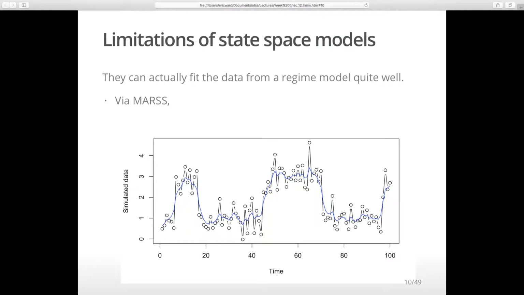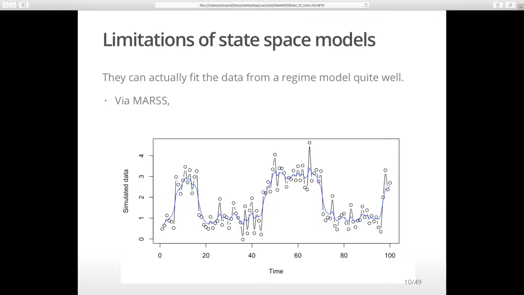So we could take this data and fit, I mean, the easiest way to go about it would be, we've used MARSS in a univariate time series setting, and we've gotten very familiar with fitting different state space models to this data, and we could use the MARSS package to fit this data, and the fits are actually quite good.